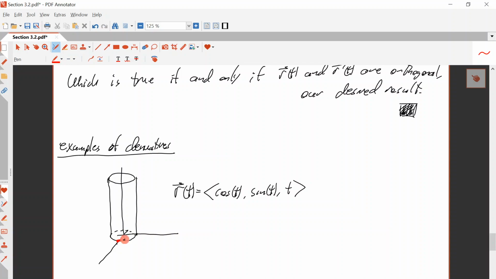So this was an example we had in the previous section. Oops, looks like this. Actually, I didn't draw that too well. Let's give it another go. Got it too steep, I think.